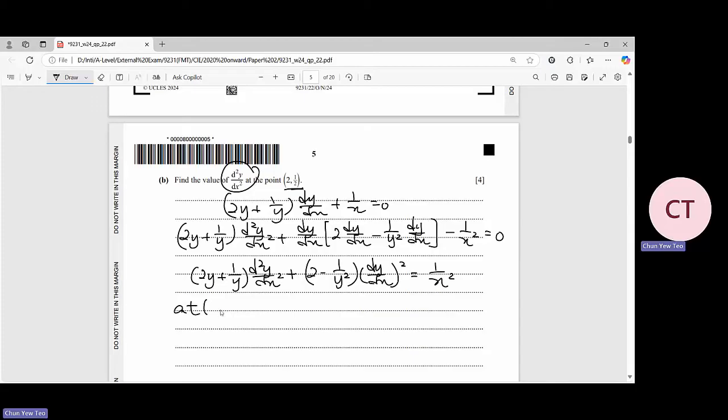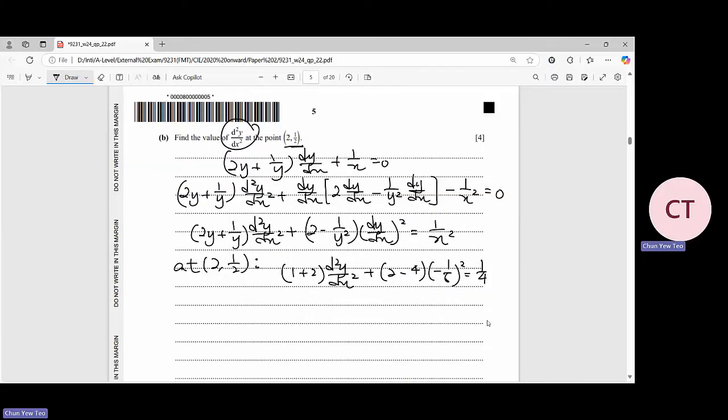Now at this point, dy/dx just now was negative 1 over 6, squared. This one is 1 over 4.